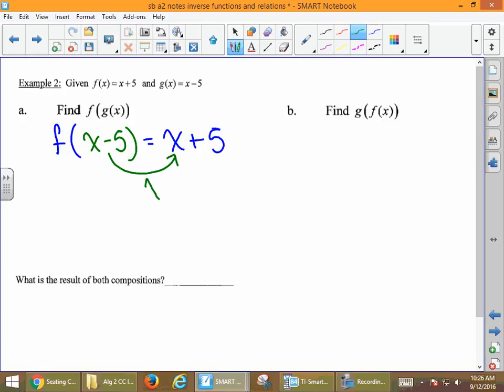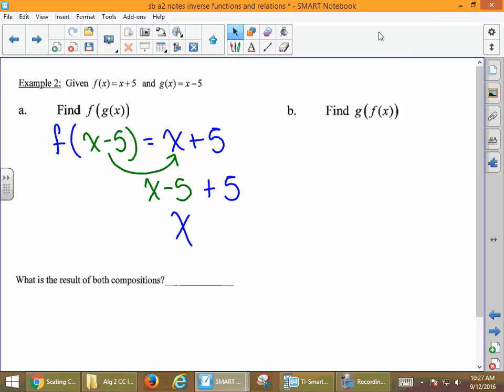So we get x minus 5, replacing the x, plus the 5. And what does x minus 5 plus 5 equal? Anybody? Not 0. Closer. 1x. Negative 5 plus 5 is 0, and then we still have the x.